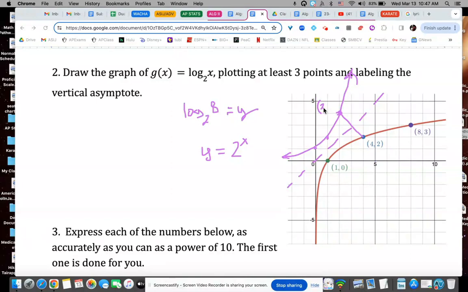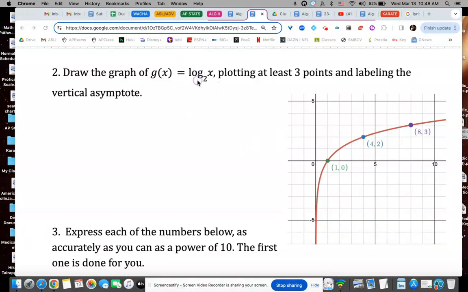Remember when we talked about the points on an inverse would switch? Well, that's exactly what's happening. So the 4, 2 and 2, 4 switch, and all the other points too. 1, 0 becomes 0, 1, and 8, 3 becomes 3, 8. So those are directly related because they're inverse functions of each other.